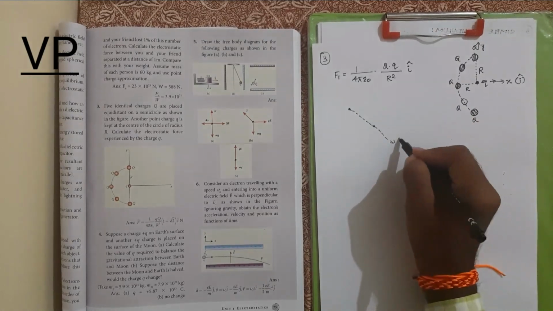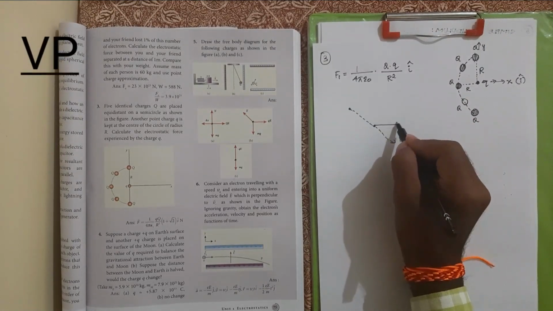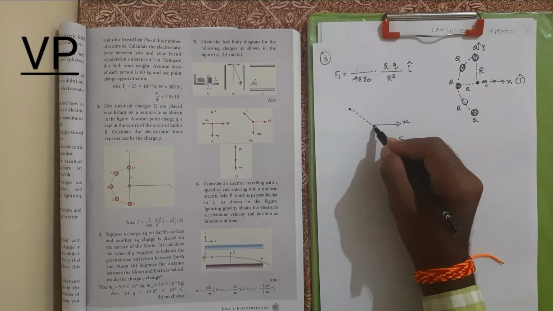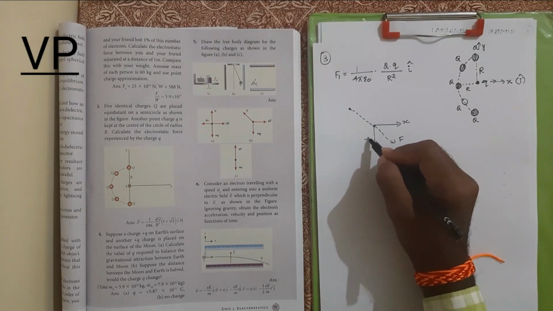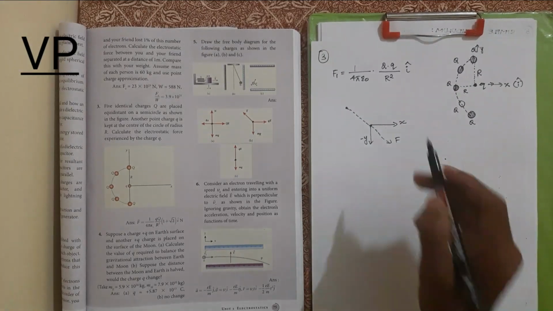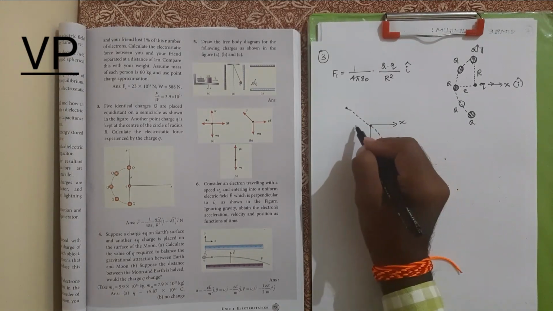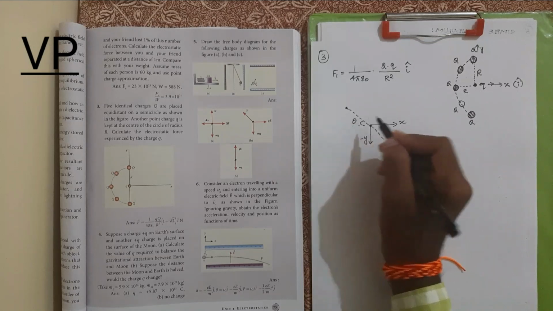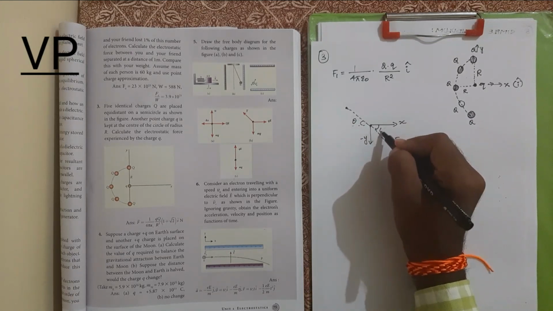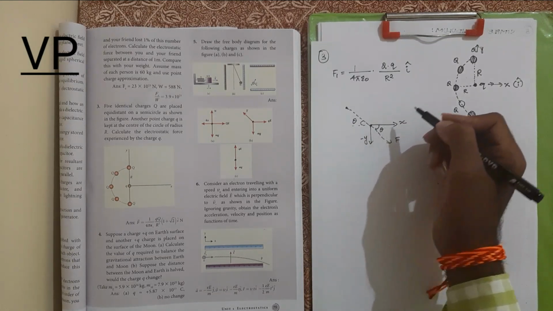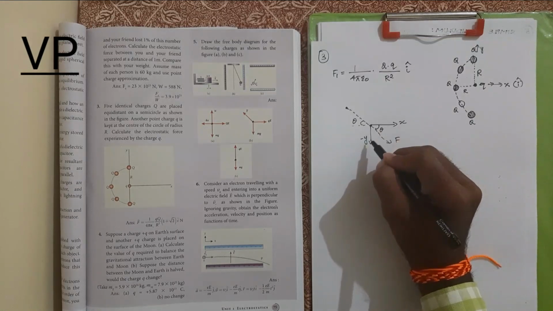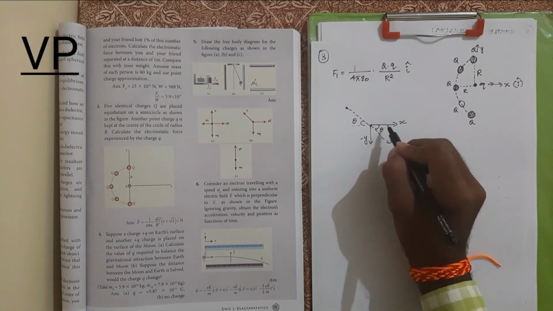You may note that the x-axis is here and minus y-axis is here. See, the force has two components now. Here this is theta, so here this is also theta. The two components are the cos component and the sine component.